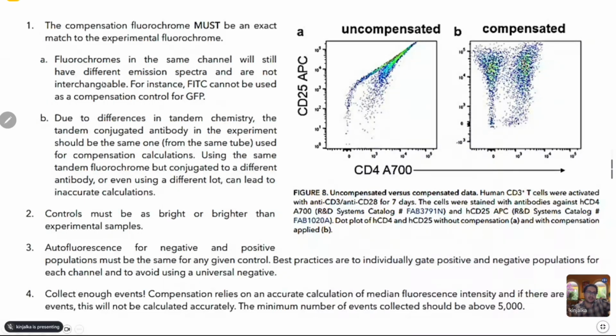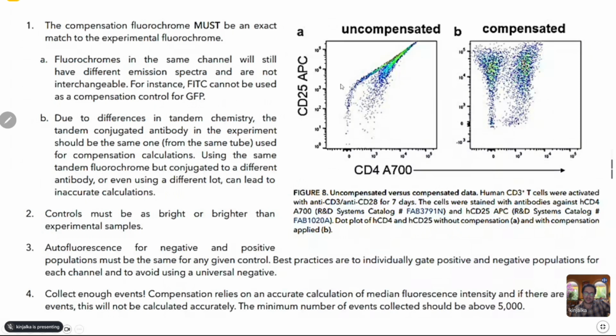So how do you do it? The compensation must be exact. Fluorochromes in the same channel will still have some spillover. Like we said, when choosing the fluorochromes from that table, you cannot have two fluorochromes emitting at the same wavelength. Controls must be as bright or brighter than the experiment.